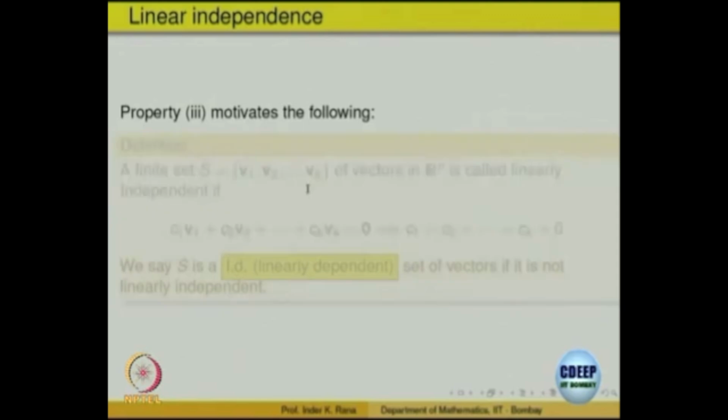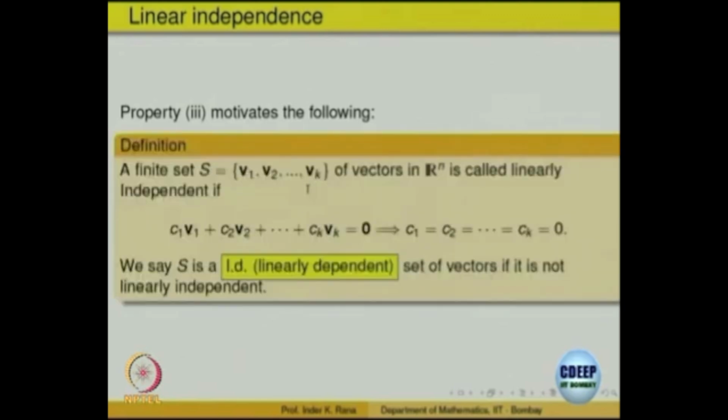That set is called linearly dependent. So the opposite of independent, we will say it is dependent. Independent means 0 has a unique representation and dependent will mean that 0 does not have. That means sigma alpha_i V_i equal to 0 for not all alpha_i equal to 0. Such a relation should be possible.